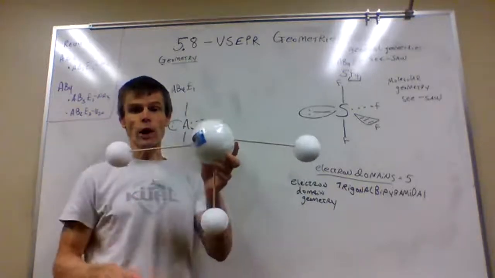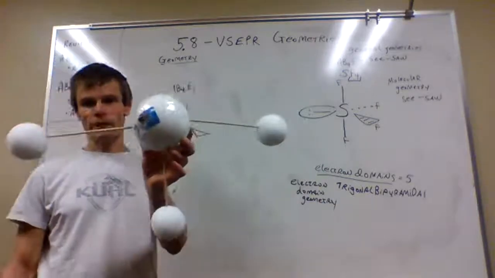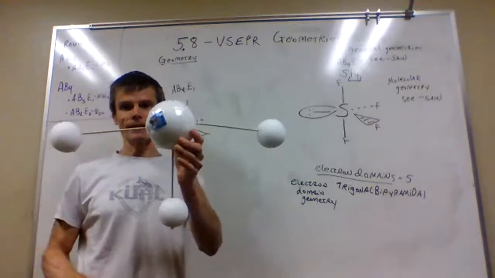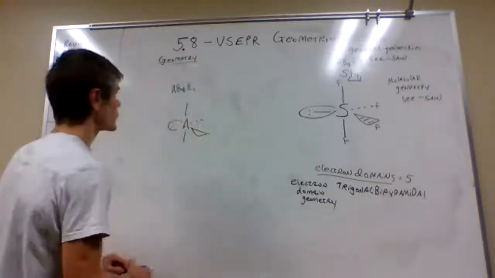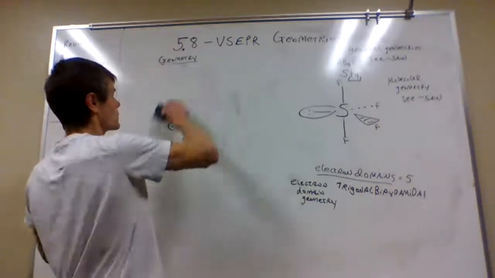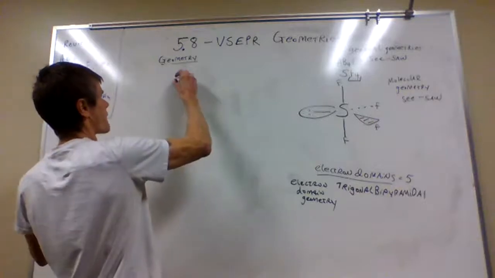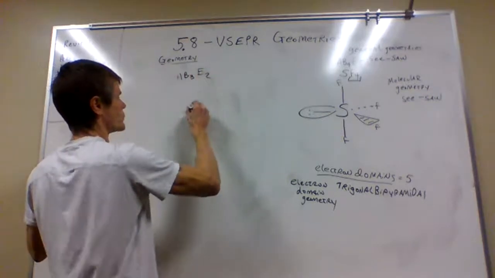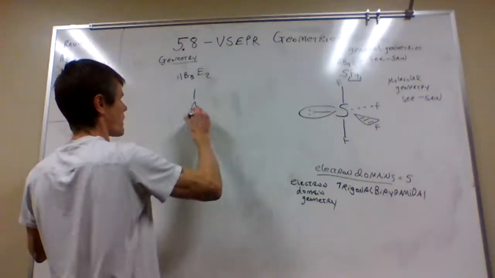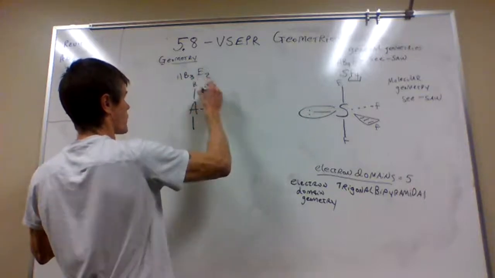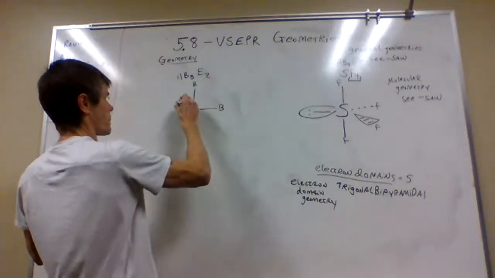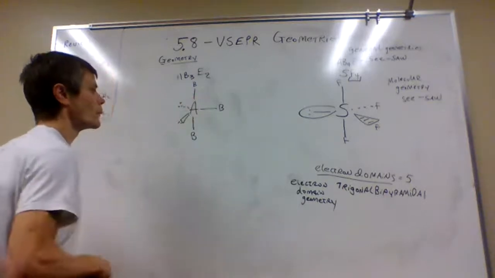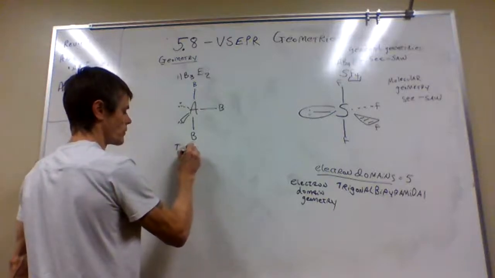If we have two lone pairs of electrons, this is shaped like a T. Maybe it doesn't look that well, but you can get the idea. That's a T-shaped molecule. So if we have AB3E2, we have a central atom A, and we end up with a T-shaped molecule.